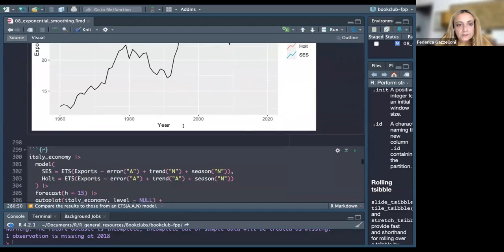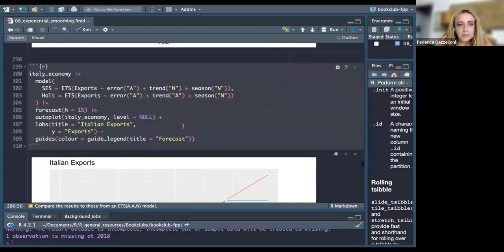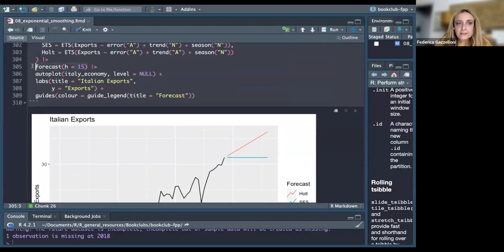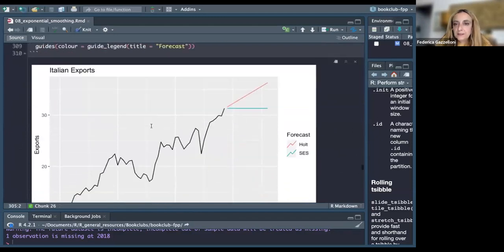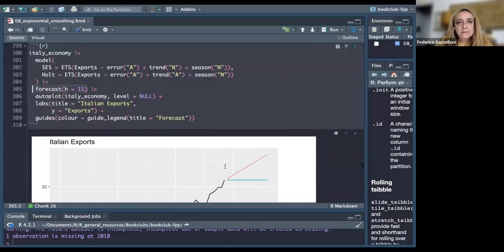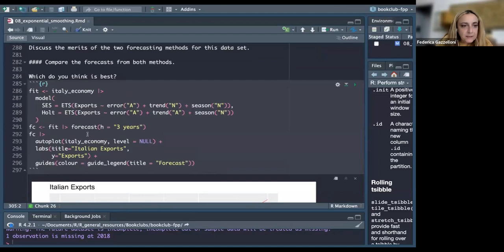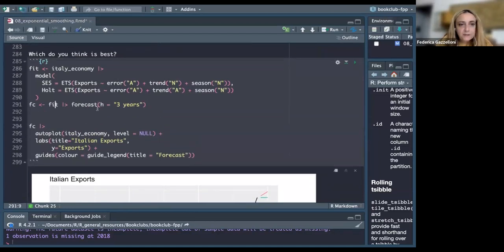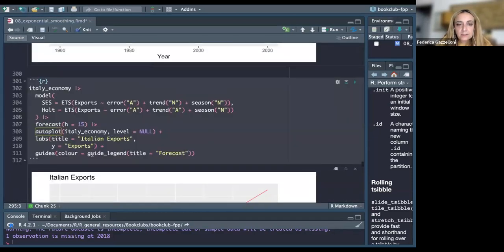Here we can see a longer forecasting period of 15 years. It's exactly the same. I didn't spend too much time on it: I just fit and forecast and then autoplot, nothing else, the same as before.